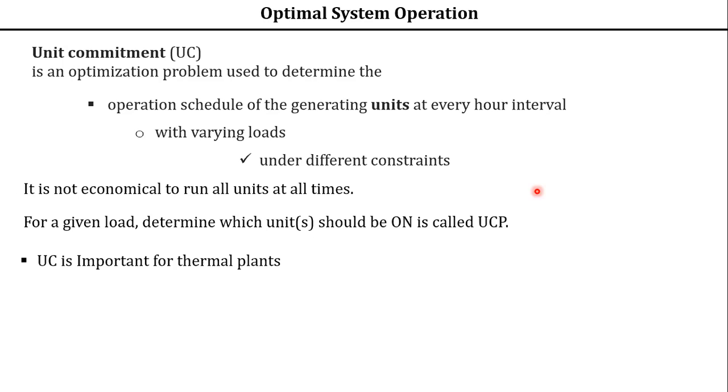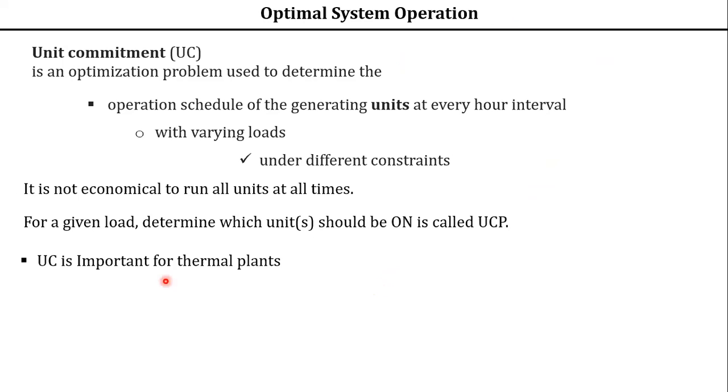Why? Because unit commitment is very important for thermal plants, since the load will be varying and operating cost is considered for thermal plants. In the previous class, when I started this optimal system operation chapter, I explained these things.